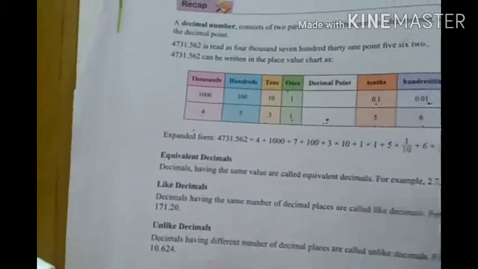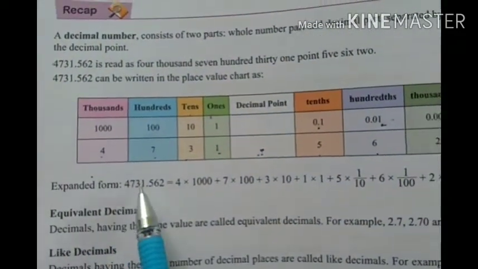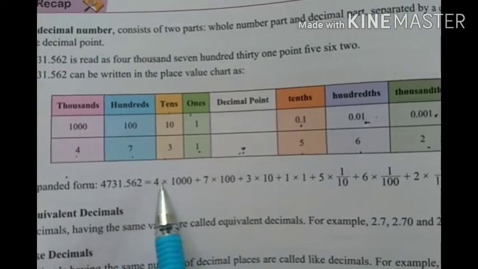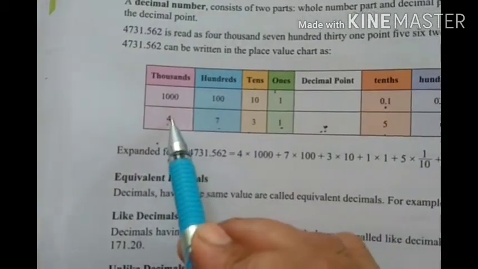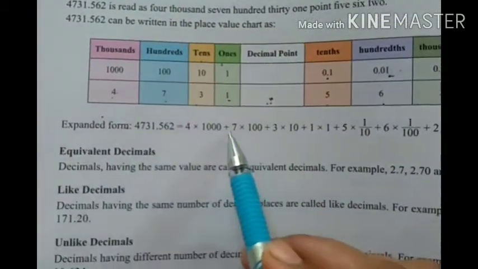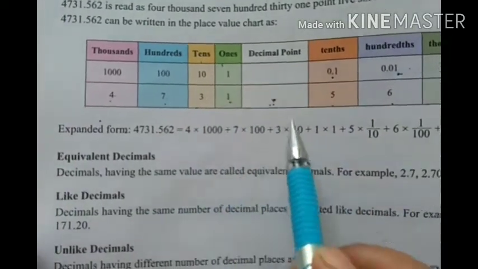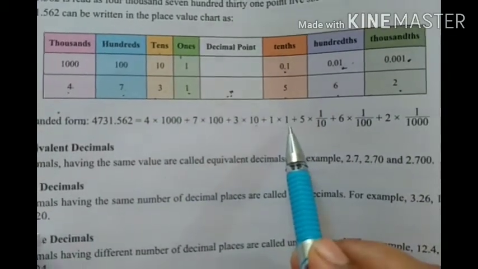Then you will write the expanded form here like that. Expanded form of 4731.562 will be equal to 4 into 1000, as 4 is at the 1000 place, plus 7 into 100, 7 at the 100 place, plus 3 into 10, 3 tens, plus 1 into 1, as 1 is at the ones place.